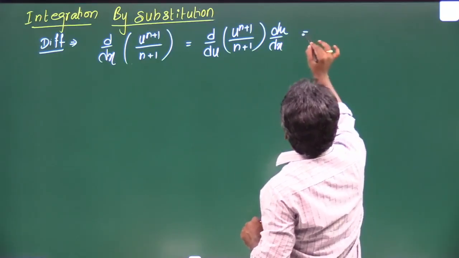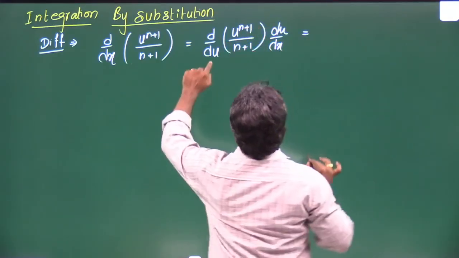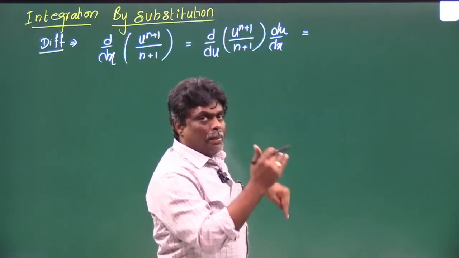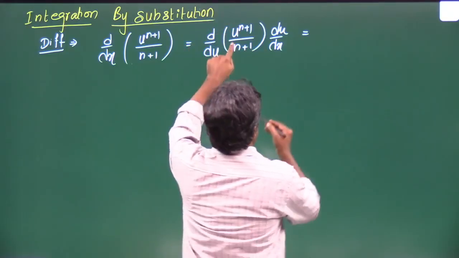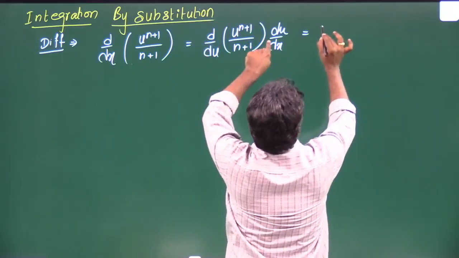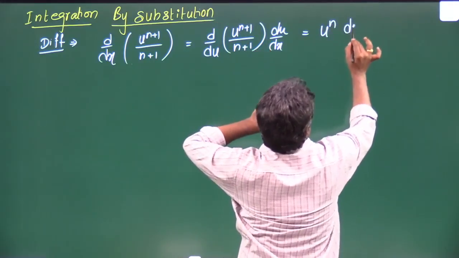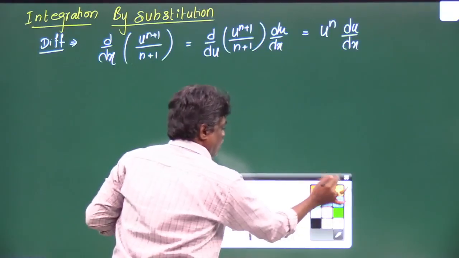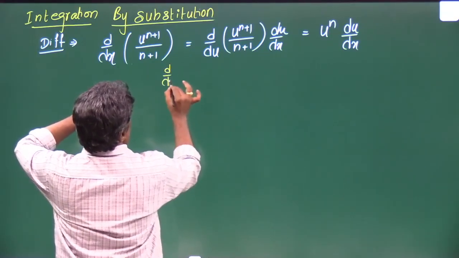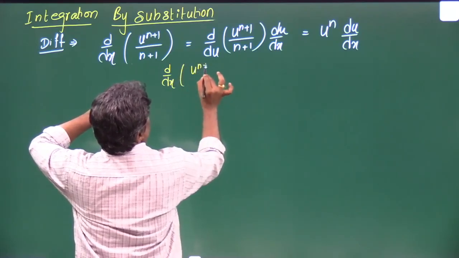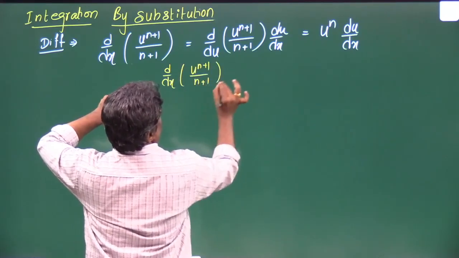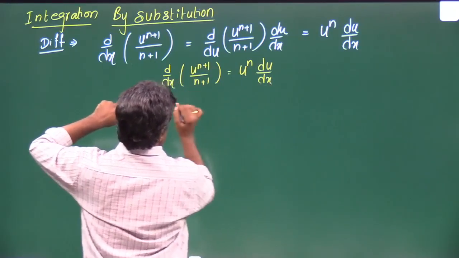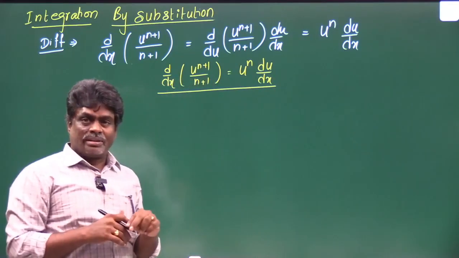This is nothing but differentiation of this function with respect to u. That's why n plus 1 into u power n by n plus 1, and n plus 1 gets cancelled. Once you differentiate this, you will get u power n into du by dx. So finally we can say d by dx of u power n plus 1 by n plus 1 equals u power n into du by dx. This is what we get.